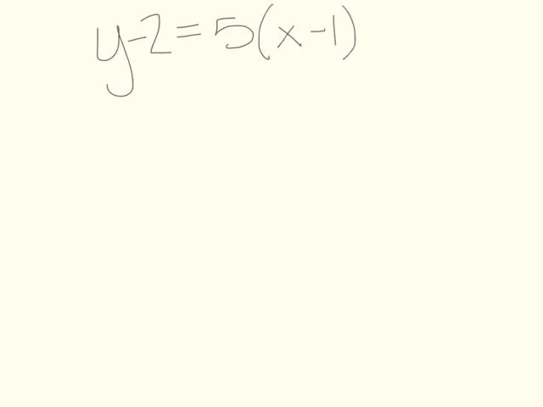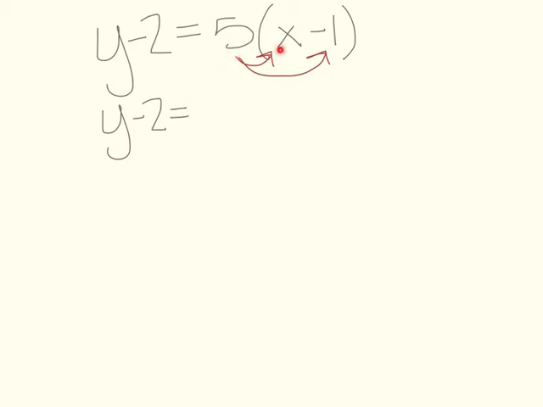So what we're going to do on this particular example is I'm going to start in this form, and I'm actually going to move everything into both slope-intercept and standard form. So let's go ahead and put this in slope-intercept form first. So the first thing I'm going to do is address this distributive property need right here. So the y minus 2, I'm going to leave that alone for a second.